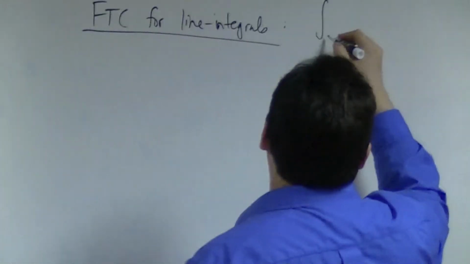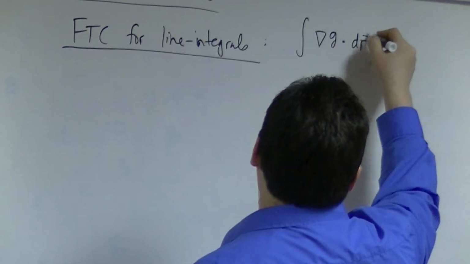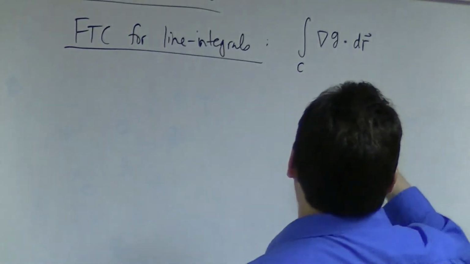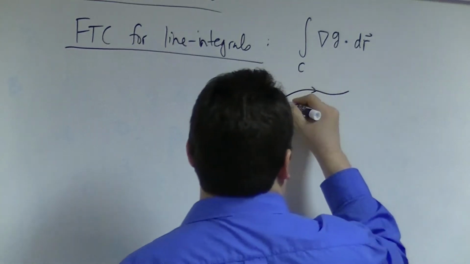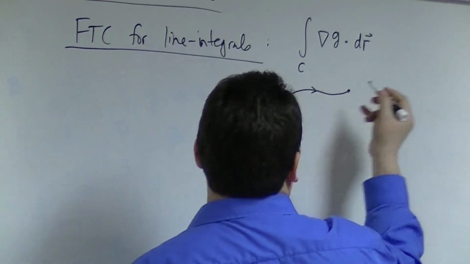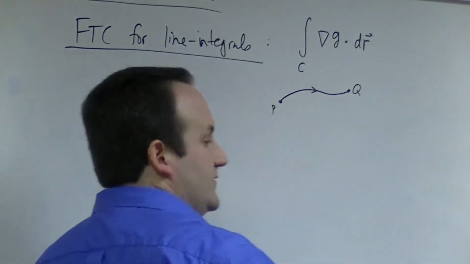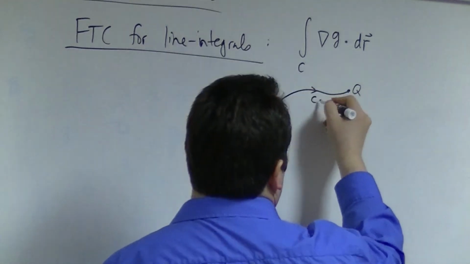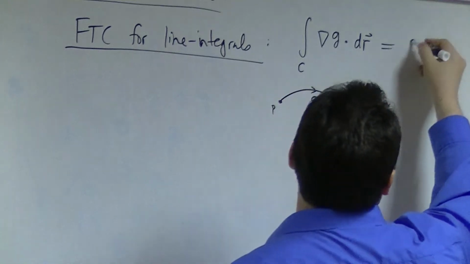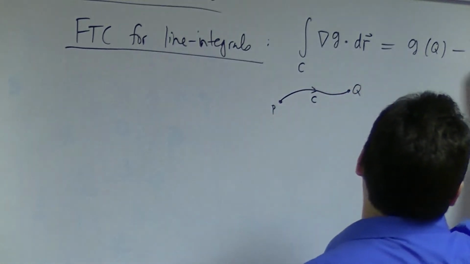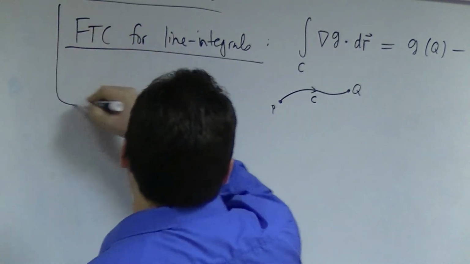It says that the line integral of the gradient of a function, let's say g, dot dr, over some oriented curve that goes from point P to point Q, is equal to g of the ending point minus g of the starting point of the curve. And there you go. That is the fundamental theorem of calculus for line integrals.